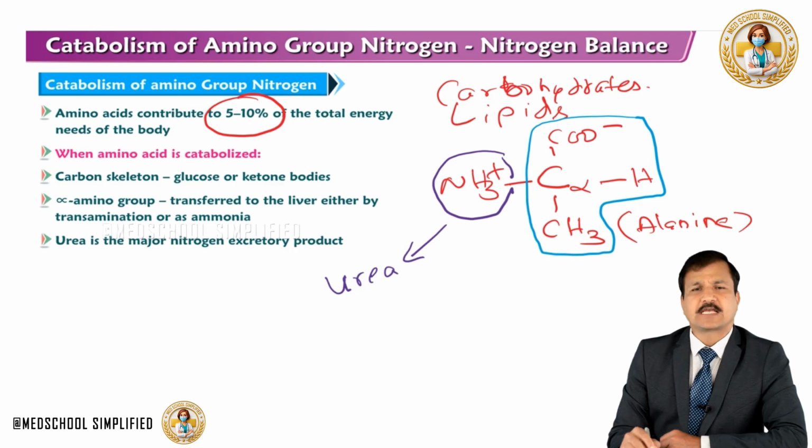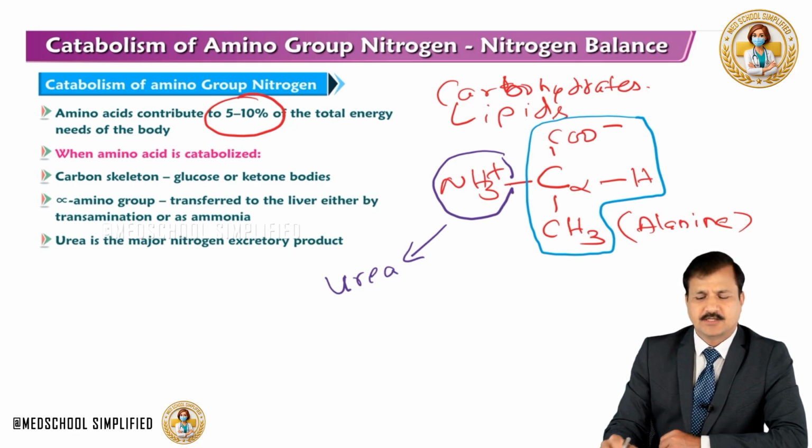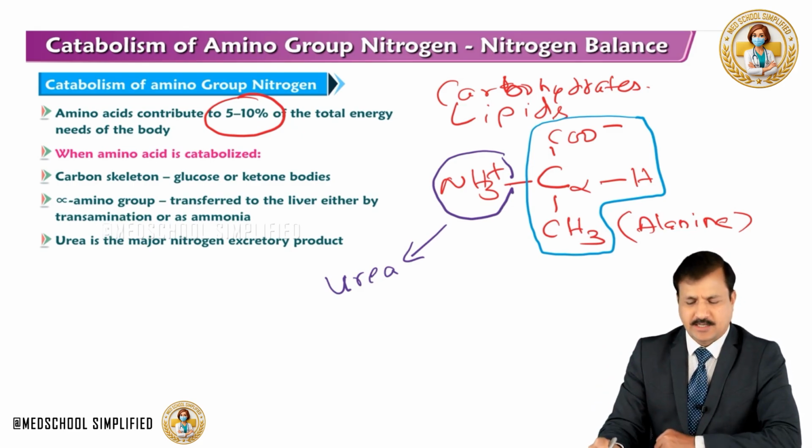We are going to see how exactly the amino group from an amino acid is transported from our peripheral cells all the way to the liver, and how that amino group is separated and how it will go into urea formation. So all that we are going to understand. This is just a big picture that I am explaining here.